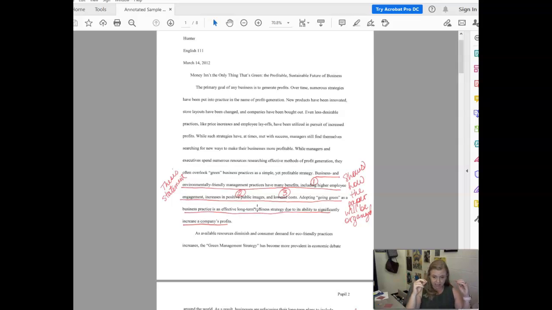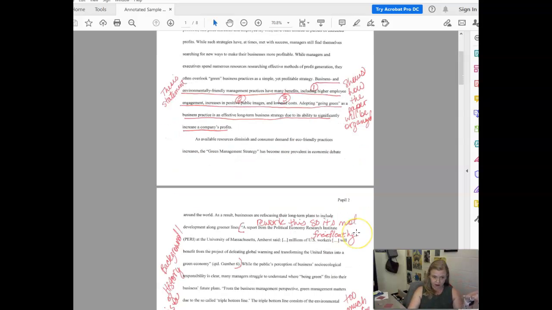And so basically they're going to say that it has a higher employee engagement, positive public image, and lower cost. And so what that means is they've already organized the essay for you. Yay! Okay, so basically now we can just move on. So we see how the paper will be organized.